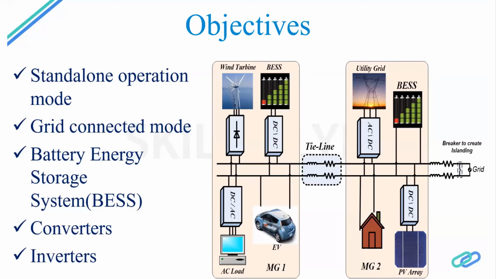As I told you already, solar energy is very intermittent in nature, so to stabilize the voltage and frequency you need a BESS, that's the battery energy storage system. The BESS and the solar energy are both generating DC power.